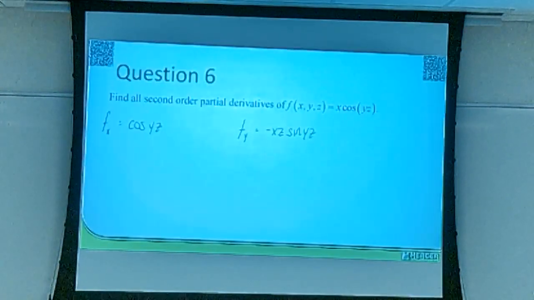With respect to z: minus xy sine yz. Wait, why is the first one not? Oh, because that's just constant.